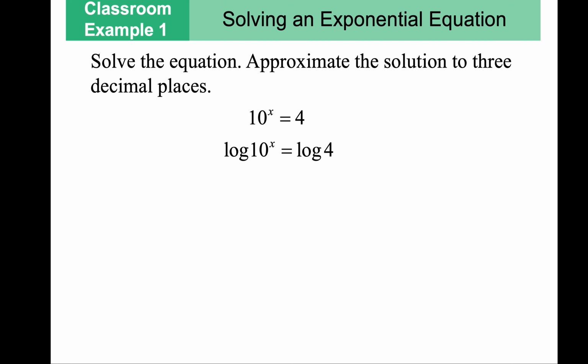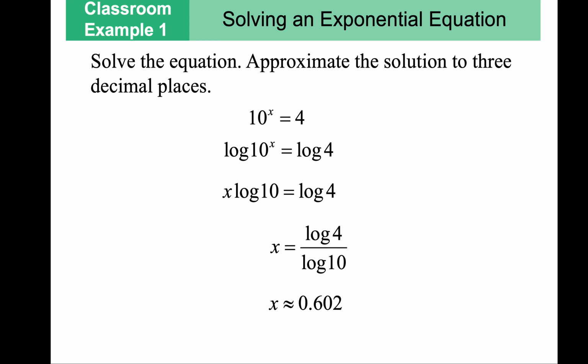That's keeping the equation balanced. Why do I want to take the log of both sides? Because with my log property, an exponent goes to the front. Now that my exponent is just a variable in the equation, I can solve that. I can divide both sides by log 10 and then type that in my calculator to get my answer. So when the variable is in the exponent, you're going to take the log of both sides.